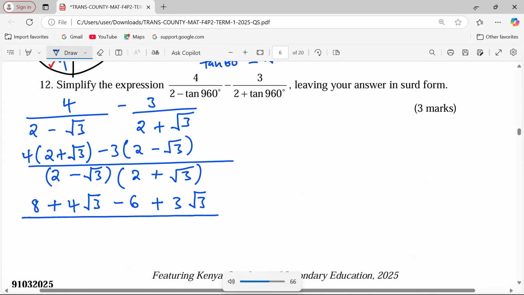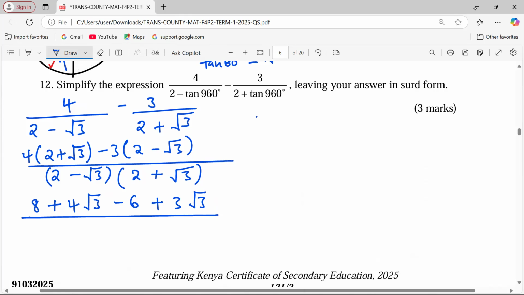To multiply a surd with its conjugate, we are doing something called rationalization. So at the end of the day, we will not have a surd at the denominator, because we are multiplying a surd and its conjugate.